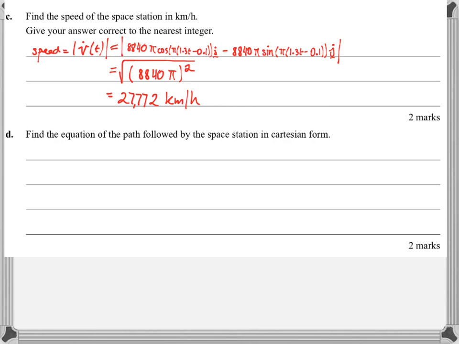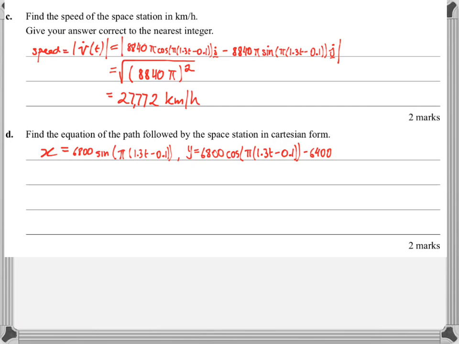So finding the equation of the path from a position vector. This is where we break down our position vector into an x function. There's x, and there's y. Now we've got our Cartesian variables, x and y.